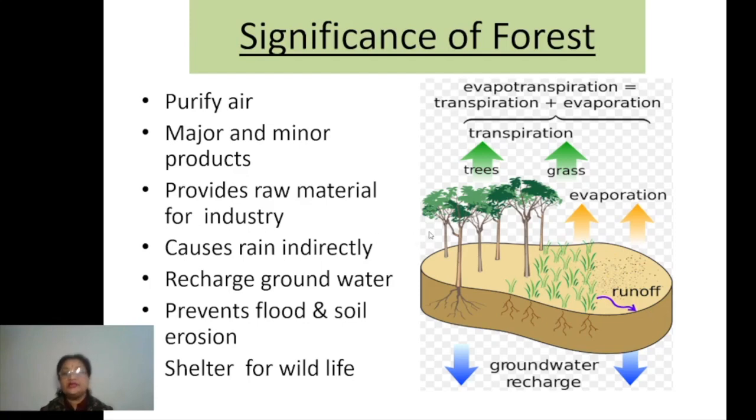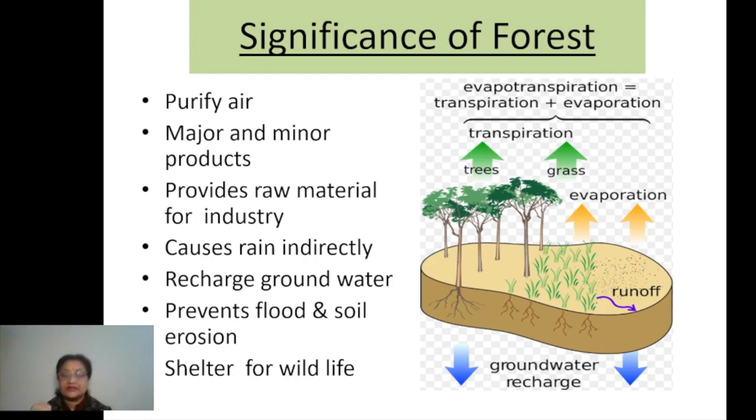Clear? Then it is helping in proper regulation of several different cycles, life supporting cycles or life giving cycles. Like the most important one is the water cycle, then oxygen cycle, carbon cycle, nutrition cycle, nitrogen cycle.